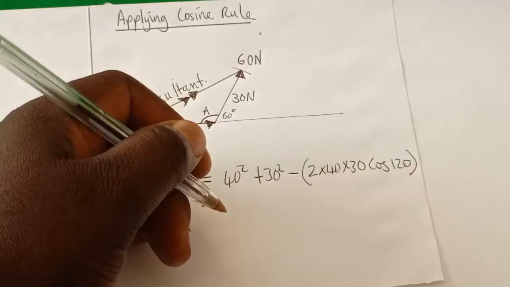So we want to find the resultant, which means that we have this side and that side, the 40 and the 30, so it's going to be 40 squared plus 30 squared minus 2 times 30 times 40 cos the angle A, which has been shown there, which will be our angle 120.